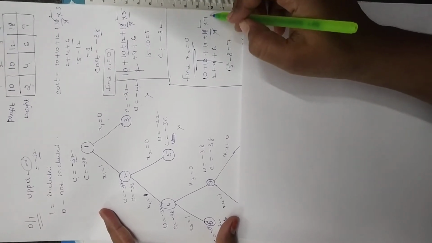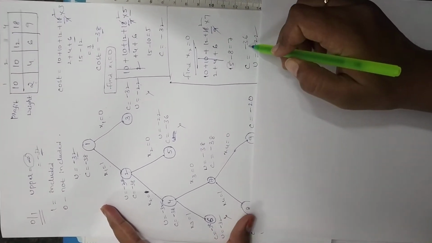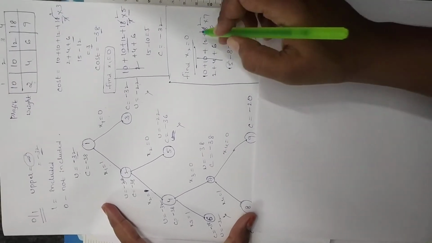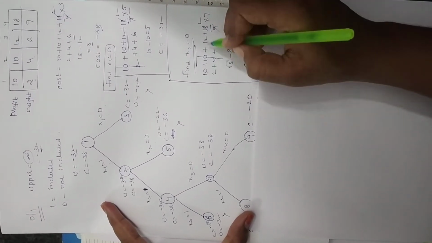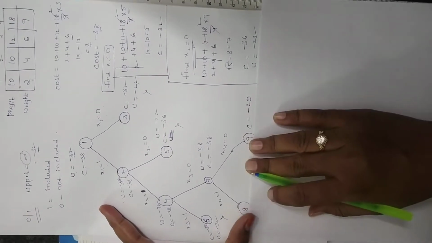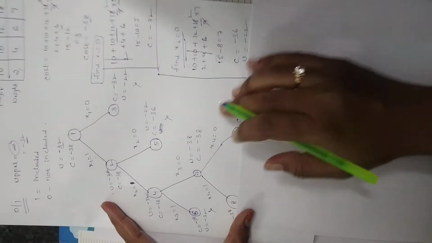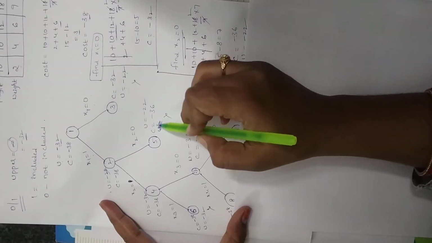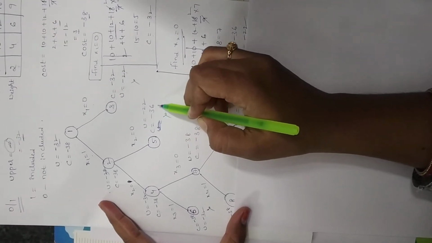So 18 by 9 into 7. The cost value is minus 36, and without fractions 10 plus 12 gives an upper value of minus 22. So upper equal to minus 22 and cost equal to minus 36.